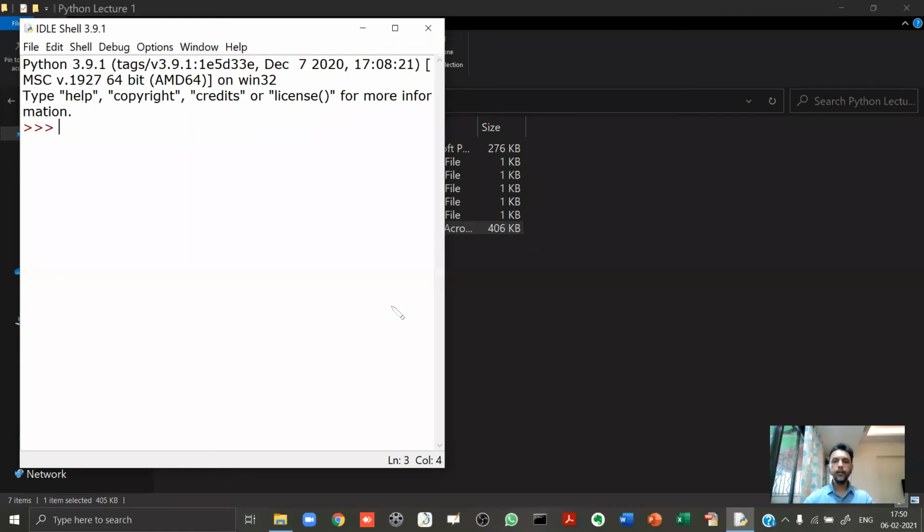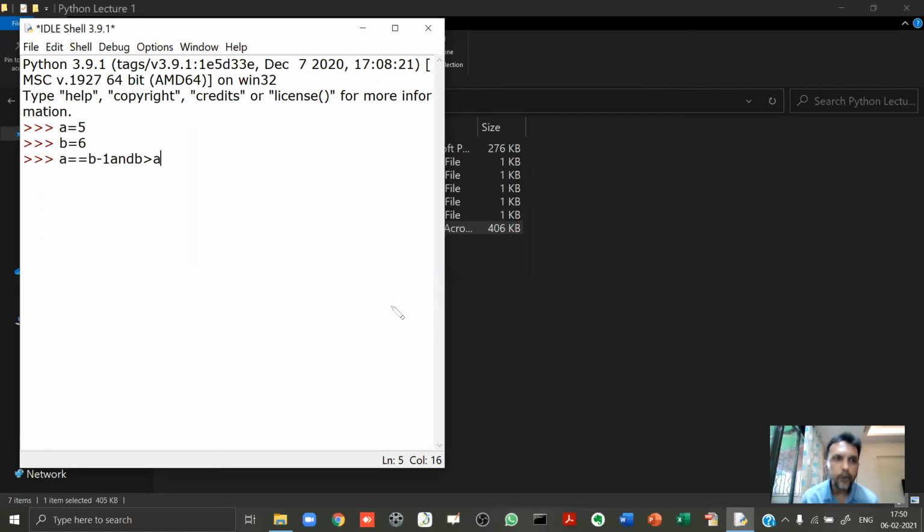Now over here, let's say I write a equal to 5, b equal to 6, and then I write a equal to equal to b minus 1 and b greater than a.